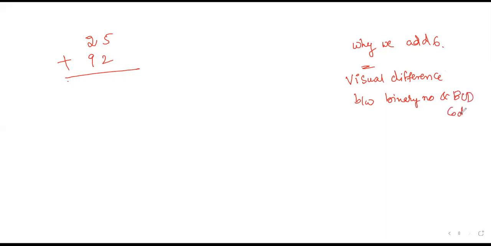The difference is 6. So if you write the binary table, nothing but the base 2 table, and the BCD code.